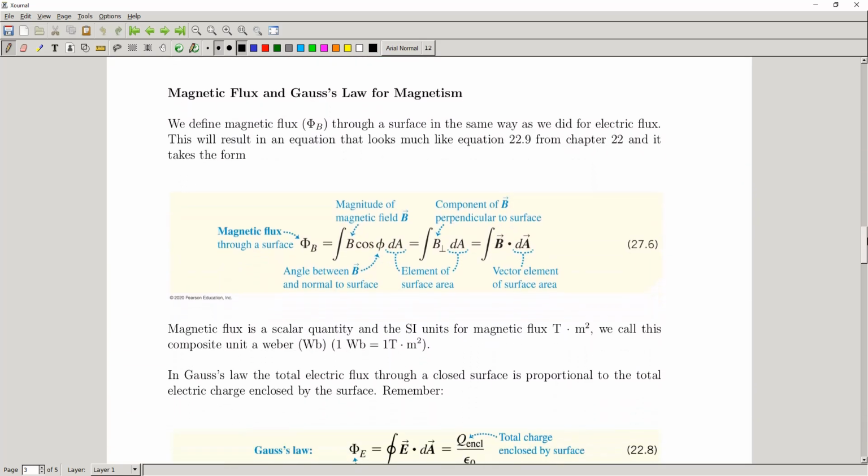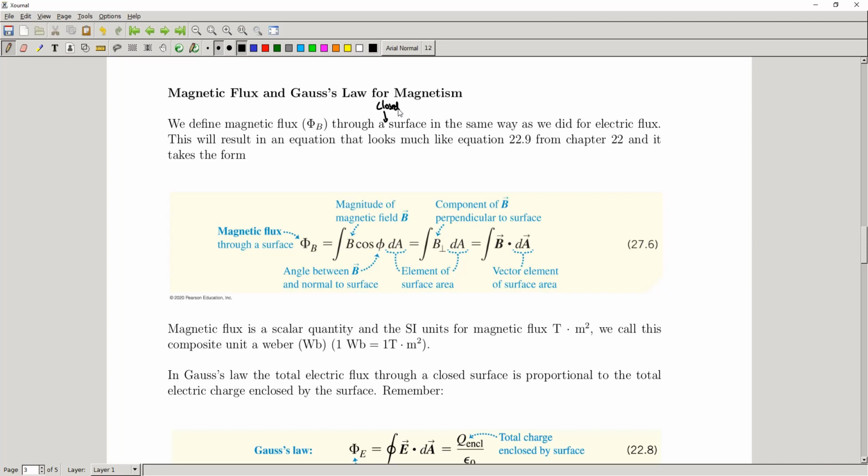Okay, so now we're going to move on to take a look at magnetic flux and Gauss's law for magnetism. So we define the magnetic flux through a surface or through a closed surface in the same way that we did for electric flux in chapter 22, right?